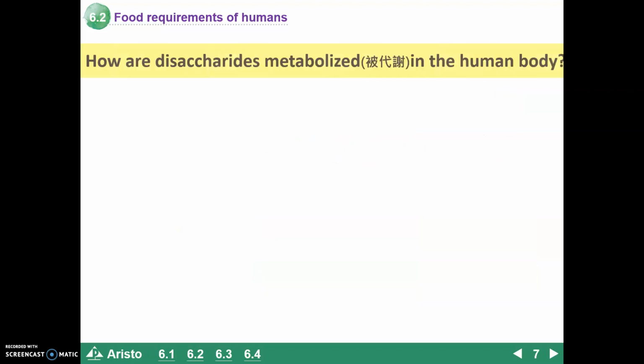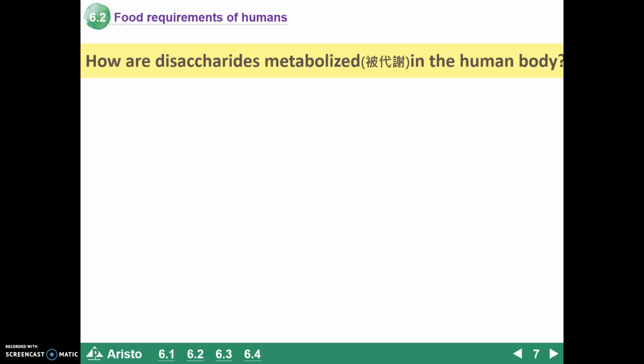And how are disaccharides broken down in the body? We call it metabolism. How do disaccharides metabolize in our body? If you remember, monosaccharides are metabolized in our body by respiration.